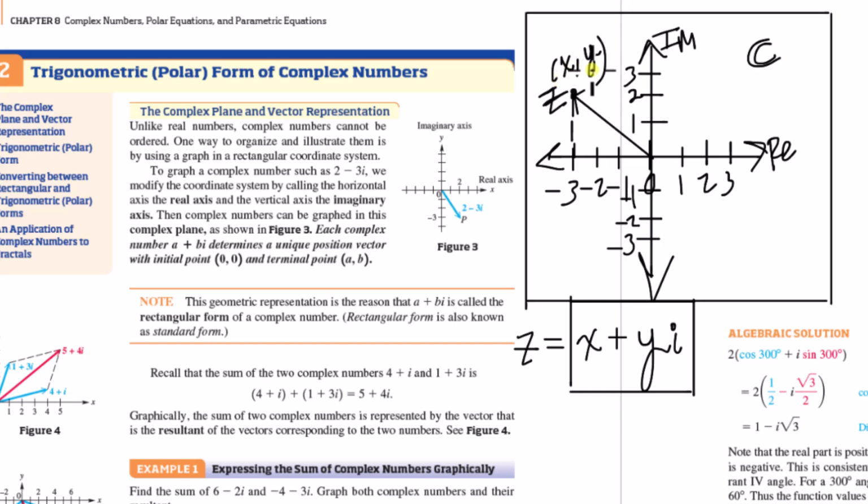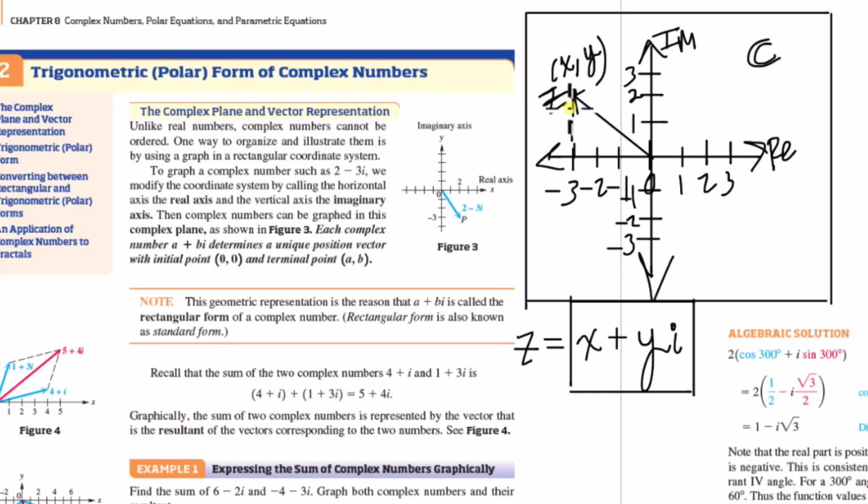I just put x and y, but x and y are variables. They could be negative or positive. In this case, x would be negative, y would be positive. We have a complex number here, z. So the idea is, what would this exact same complex number be, but in polar coordinates? I want to communicate to somebody: here's this complex number, this is the real part, this is the imaginary part.